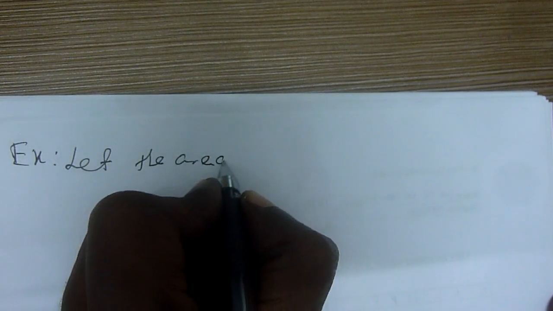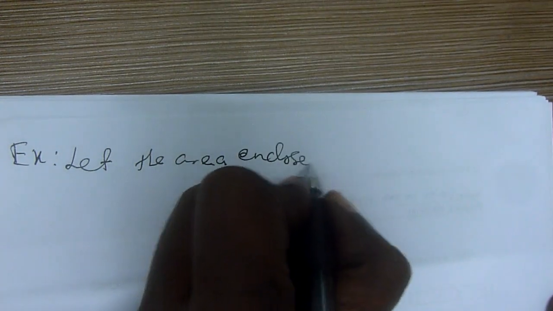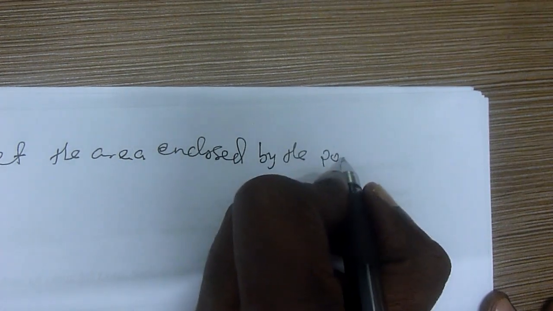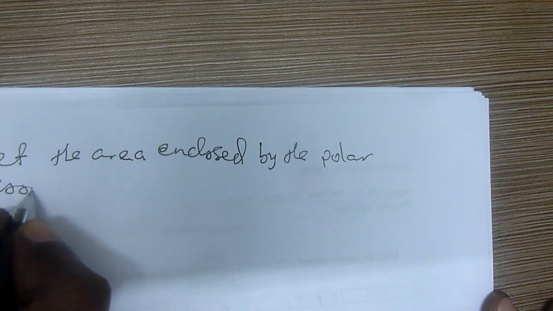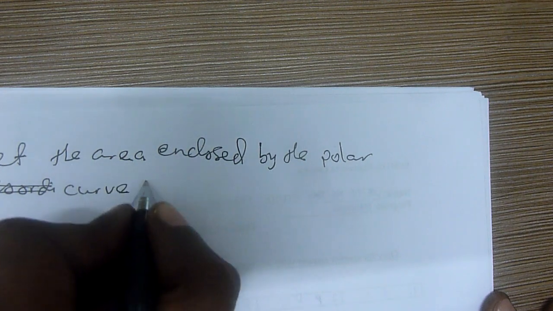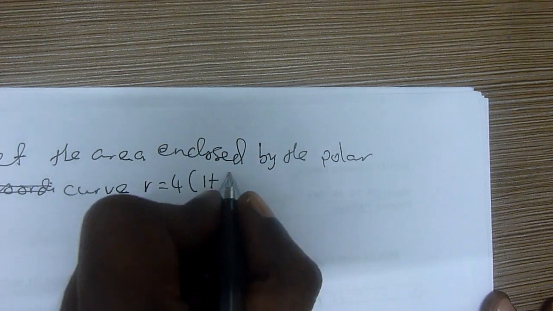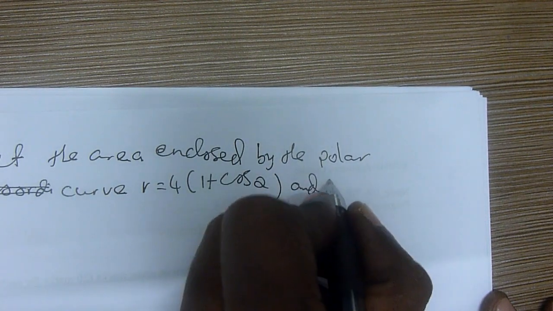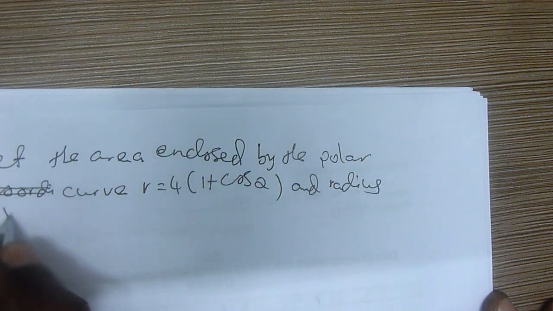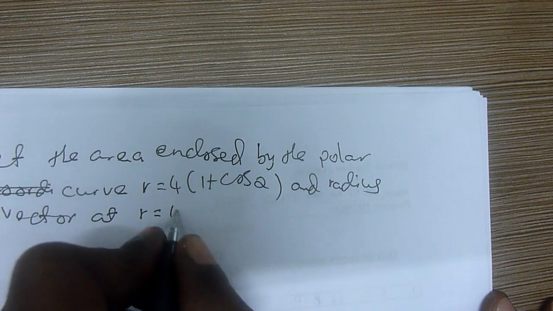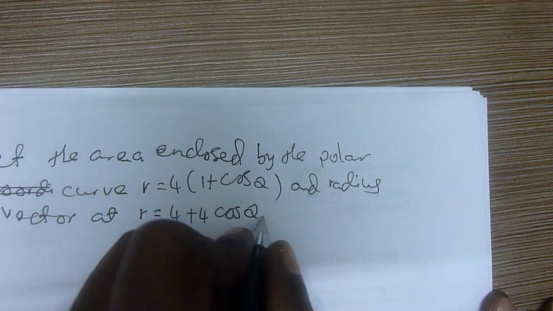Let the area enclosed by the polar curve, maybe say polar curve r equals 4 plus 4 cos theta, something unusual, and radius vector at r equals 4 plus 4 cos theta.